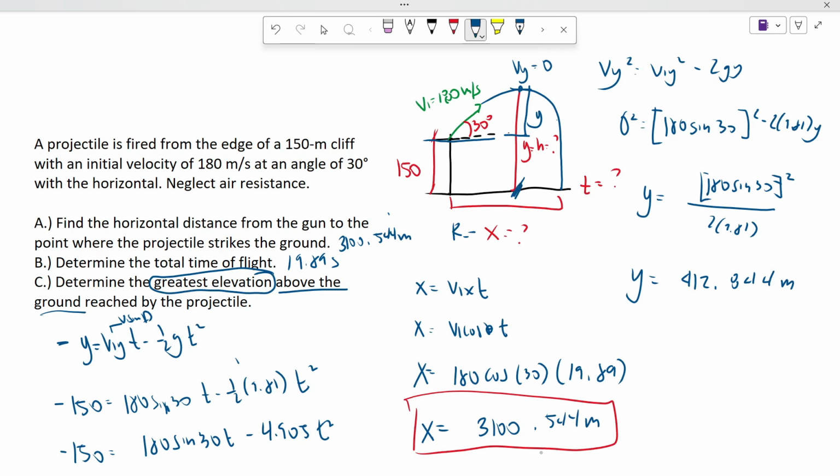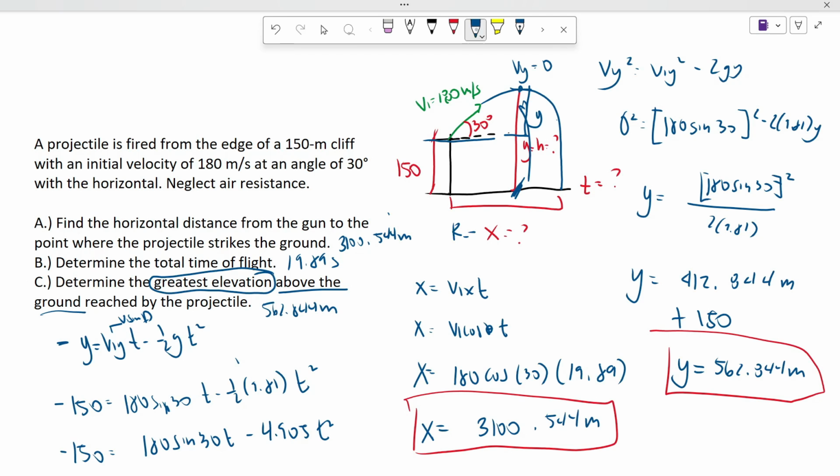So, from the ground to the maximum height, plus 150, y will be equals to 562.844 meters. So this will be the value of the greatest elevation. Okay.